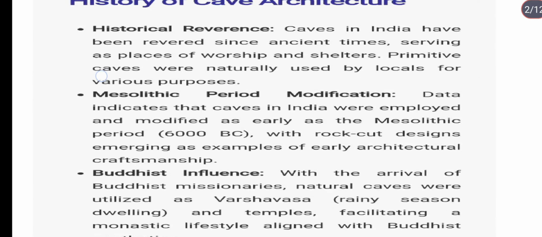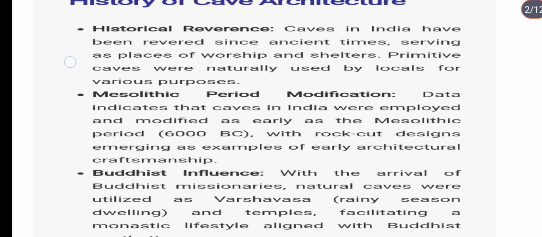Next, the history of cave architecture. The historical references to caves in India date back to ancient times. These were places of worship and shelter also. These caves were naturally used by the locals for various purposes.